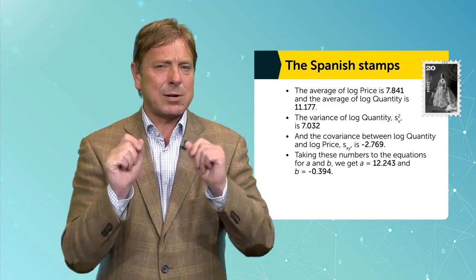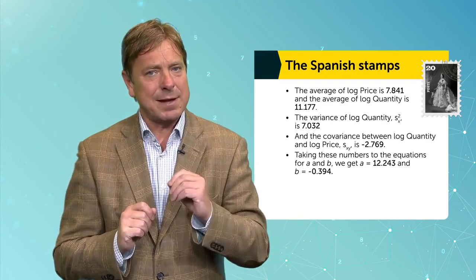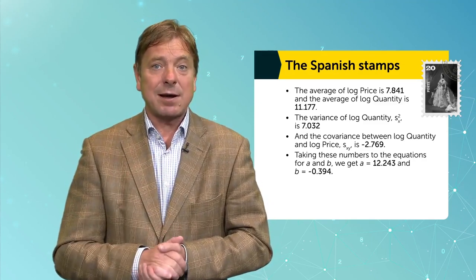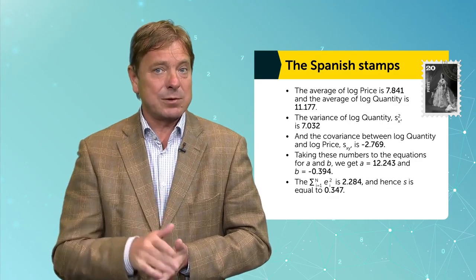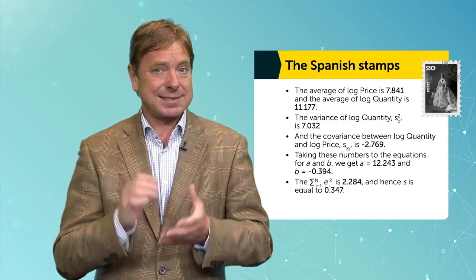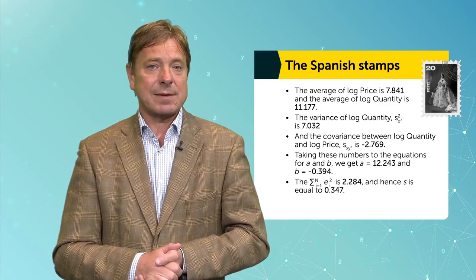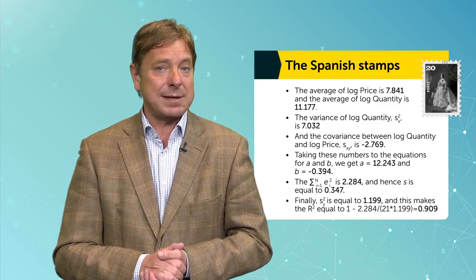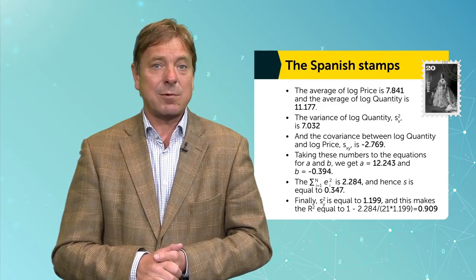Taking these numbers to the equation for a and b, we get that a is equal to 12 and something, and b is minus 0.394. The sum of squared residuals is 2.284, and hence s is equal to 0.347. Finally, the variance of y is equal to 1.199, and this makes that the R-squared is equal to 0.909.